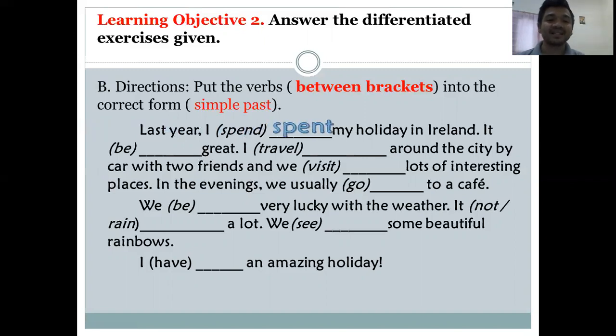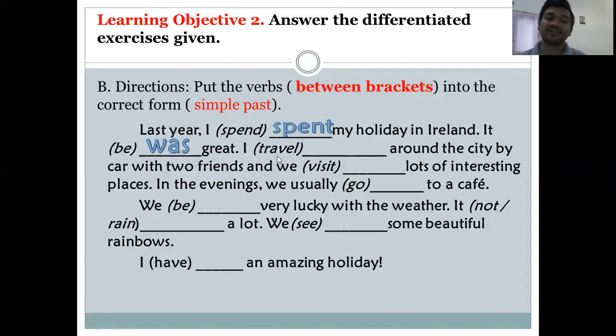So last year I spent my holiday in Ireland. It, then be. Remember be? The be verbs were was and were. The subject here is it in singular form. Therefore, we have to use was. So it was great.